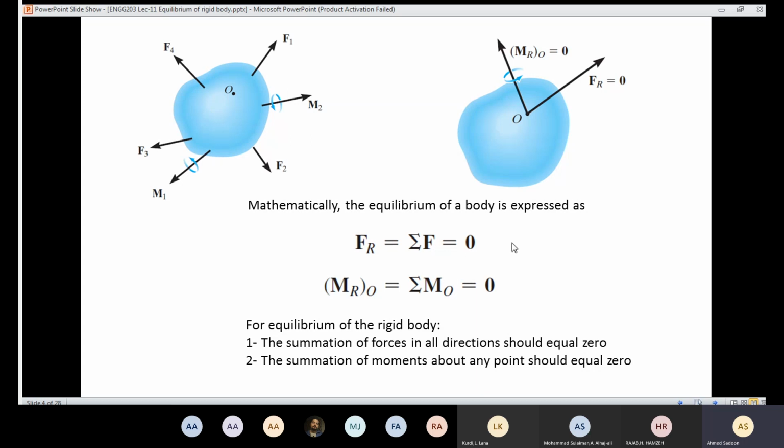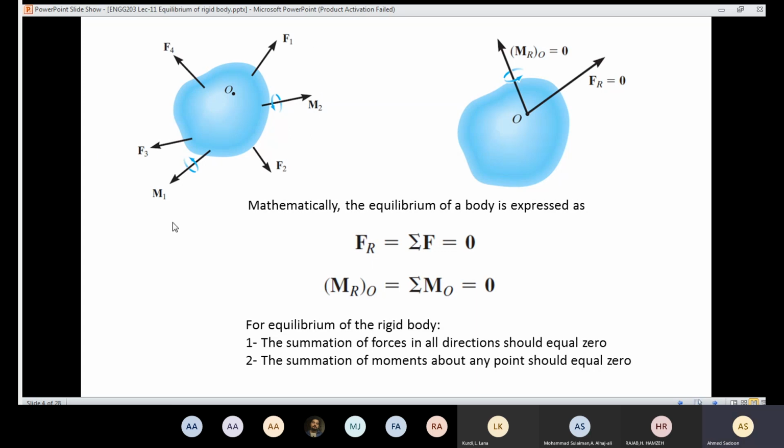And in order for the body to be in equilibrium, we need to satisfy the condition that the summation of the forces should equal 0, plus the new condition, which is that the summation of the moments about any point should equal 0. So we have new conditions here, which is different from the equilibrium of a particle.